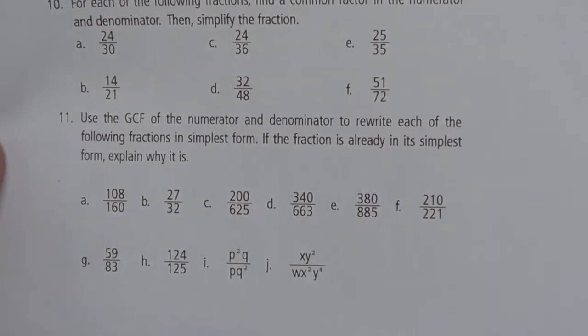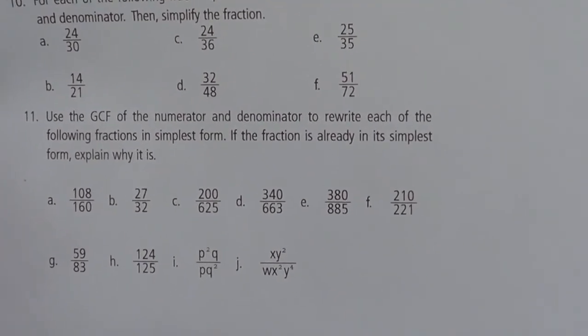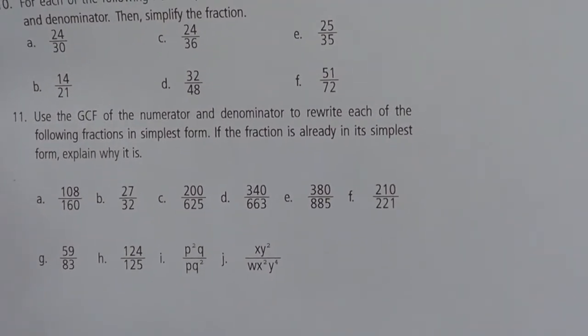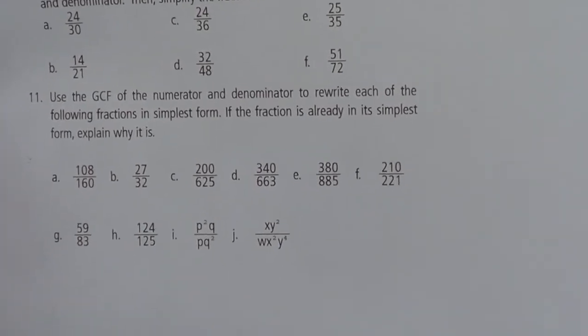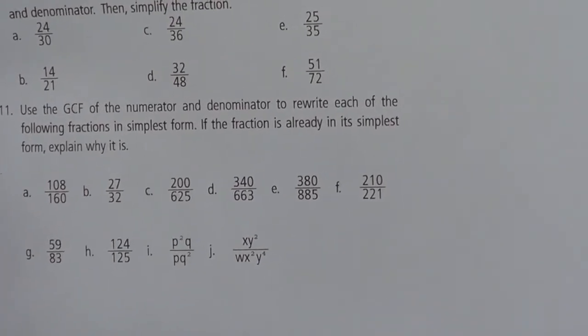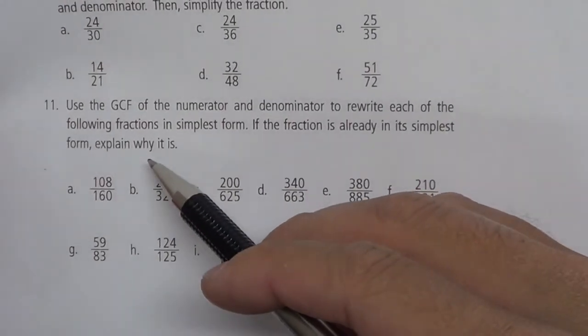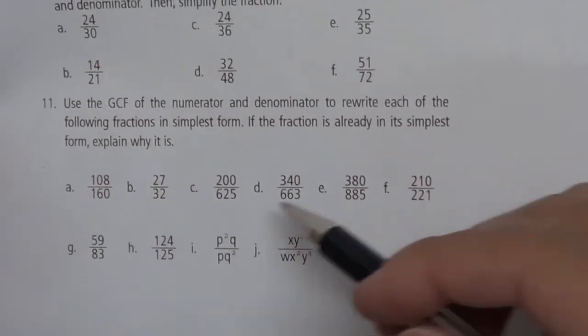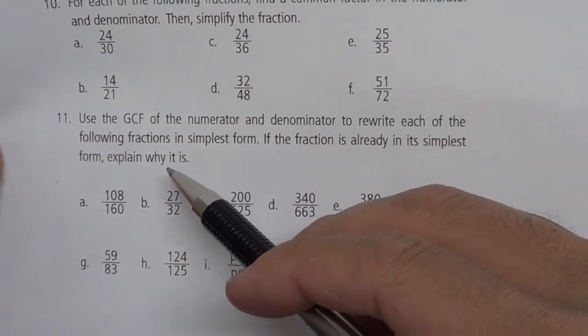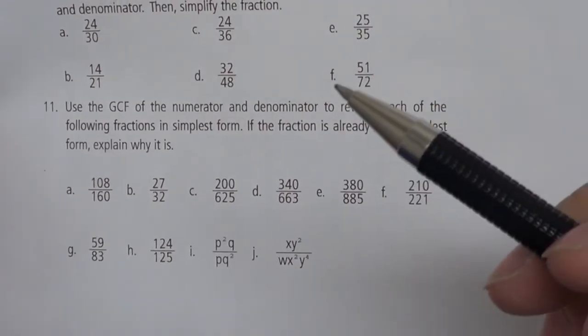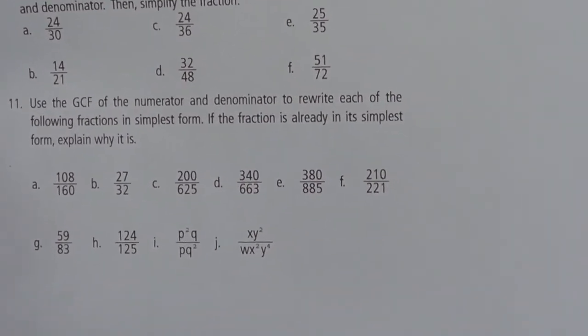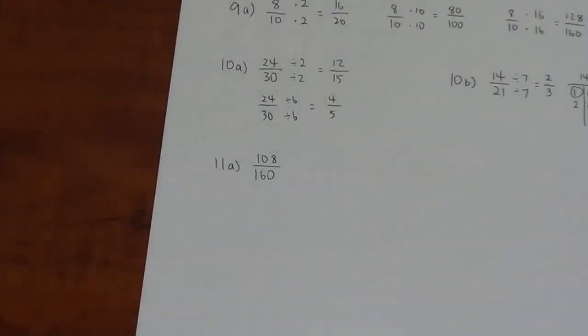Meaning you cannot reduce it any further. Now there are some numbers where, if 1 is the greatest common factor, then that means it's already in its simplest form, and that would be your explanation. If you do find a problem where it can't reduce anymore, that would be your reasoning, because the greatest common factor is 1, it cannot reduce anymore, right? It's already in its simplest form.